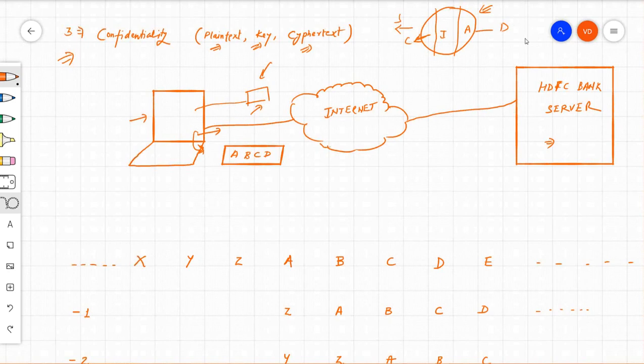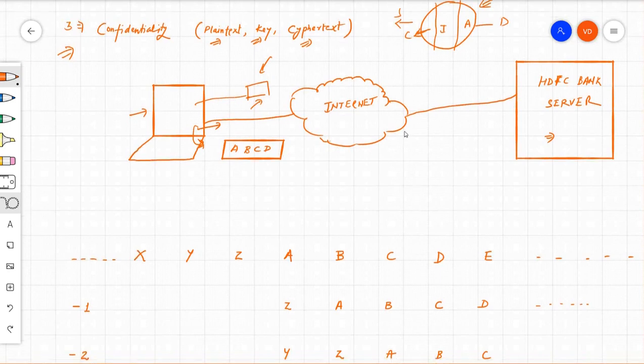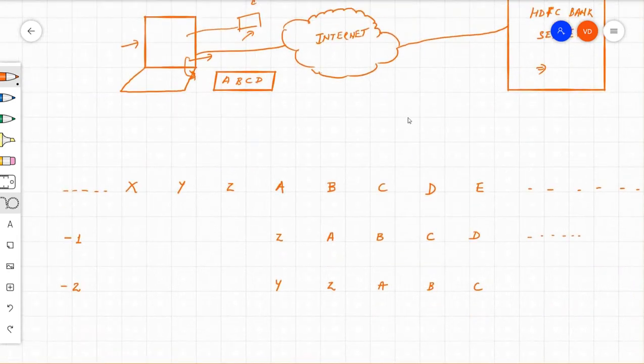To do that, I have a simple logic here. Suppose these are my alphabets, and I want to send a message A, B, C, D. What I will do is, instead of writing A, I will shift one position left in this alphabet and write A as Z, writing -1 here because I am shifting one position left.